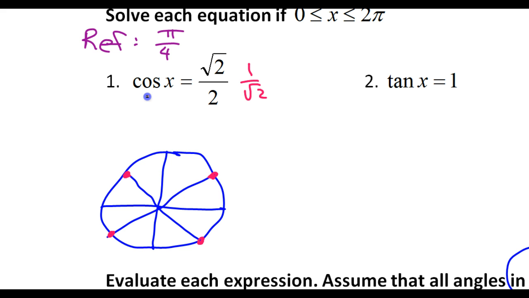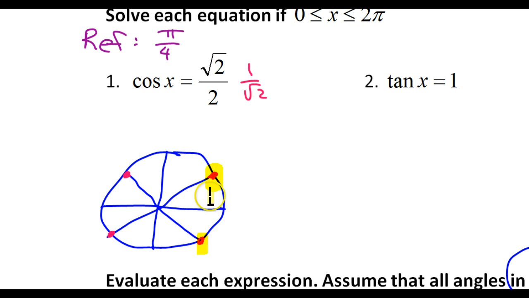Now, this is cosine, and cosine on the unit circle is the x value. So, we want the cosine to be positive because we see that the value is positive here. So just like the x values are positive to the right of the y-axis, cosine will be positive on this side.